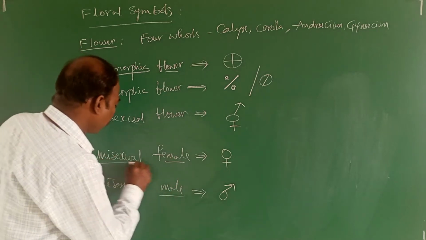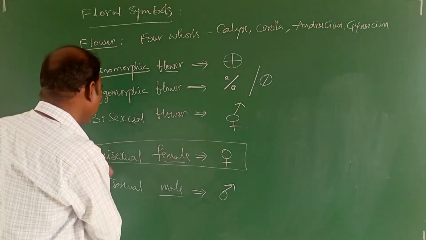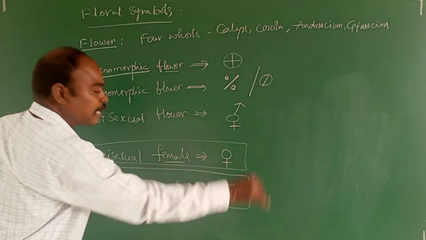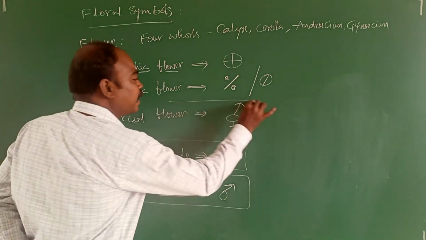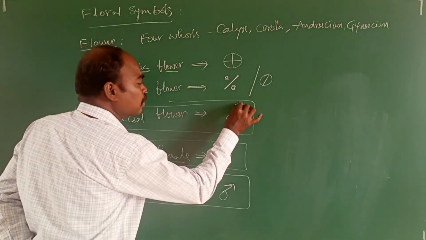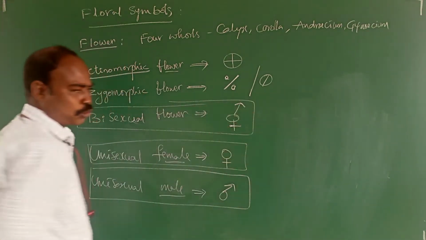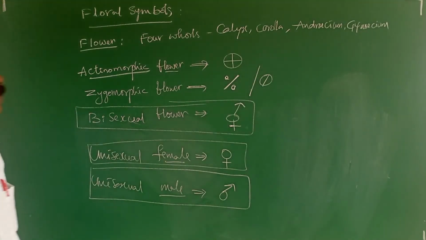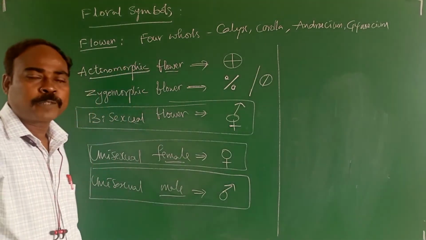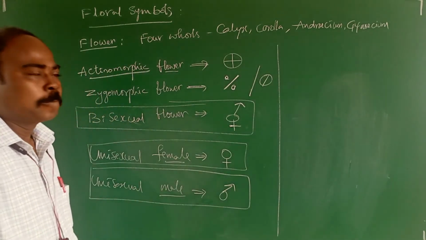So unisexual female flowers are explained with circle plus. Unisexual male flowers are explained with circle, arrow mark. Whenever a bisexual flower is symbolically indicated, it is circle, arrow mark and plus. Right? Next.